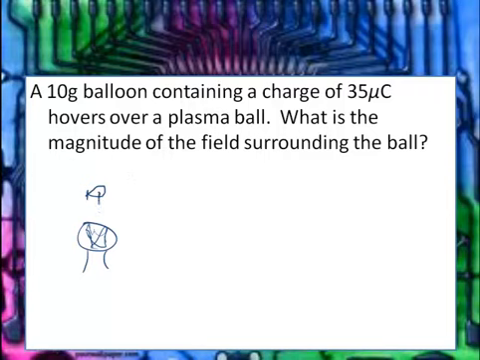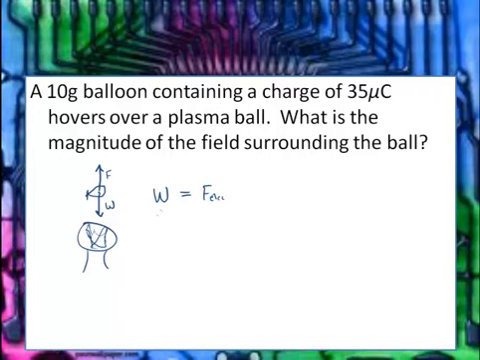There is the weight of the balloon pulling it down, and then there is the repulsion created by this electric field that's holding it up. And if this is hovering perfectly, we'll say these are balanced. So the weight of the balloon is equal to the electric force that it feels.